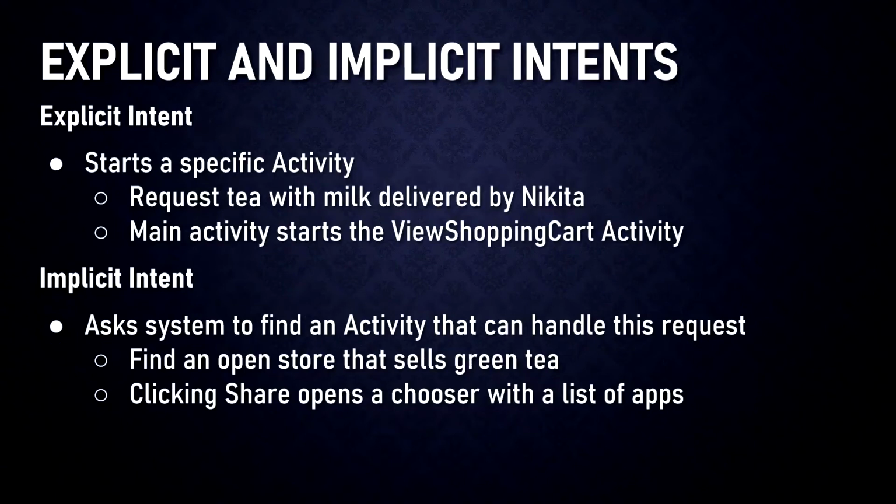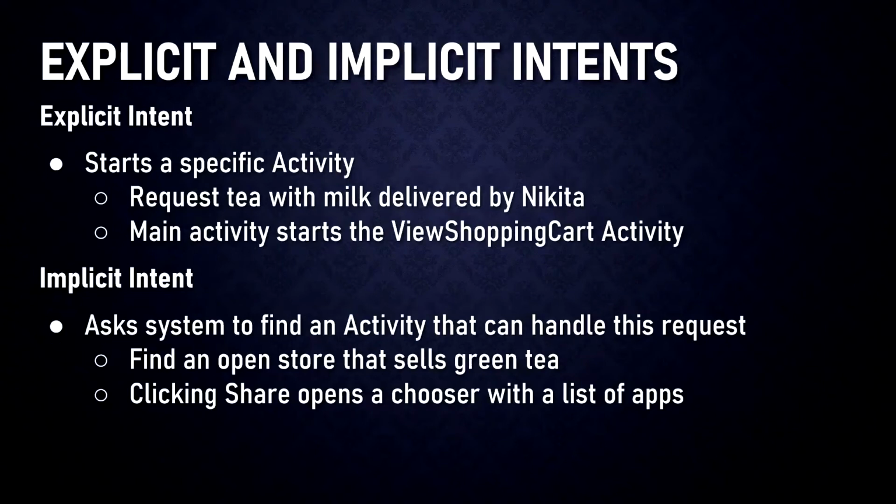The other is implicit intent. This intent is used to ask the Android system to find an activity that can handle a specific request. That request may not be handled by your app, so you may want another app found on your device to perform it. Let's say you want to open the album or the camera.